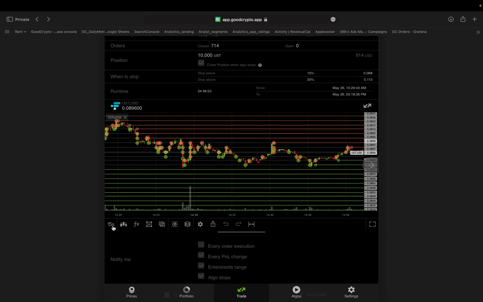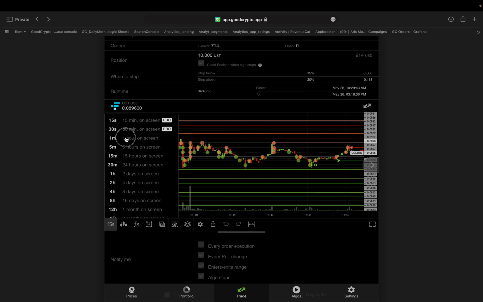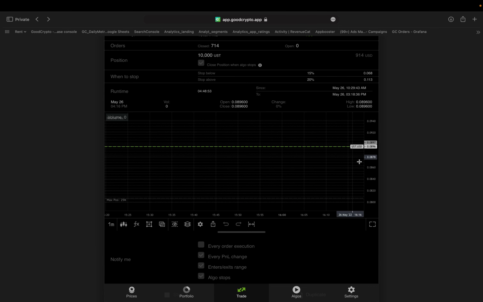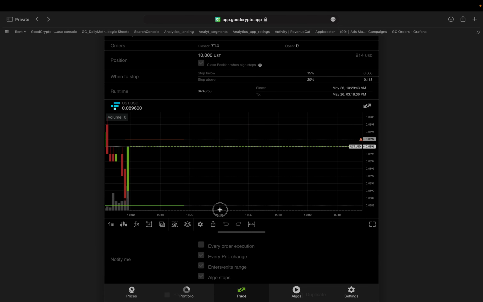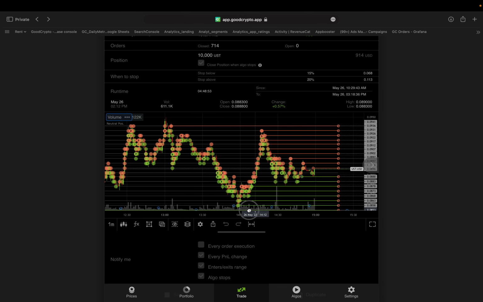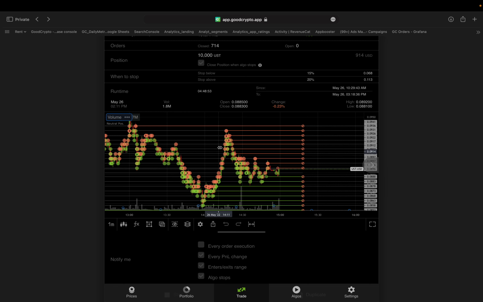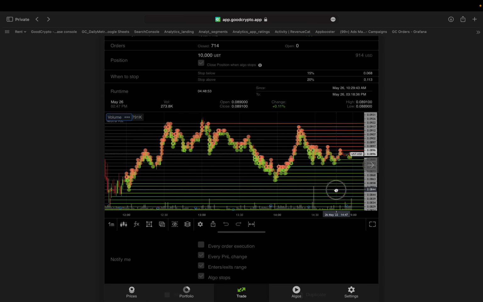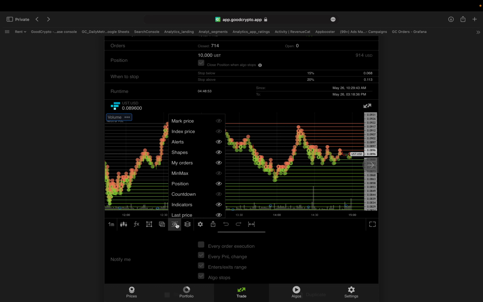Let's double check and see how it looked at the 1 minute candles. Okay, once again we have to go way back. Yes, you can see that on 1 minute candles, it looked like it would have been making 1 or 2 trades each minute. And now we're looking at the actual trades, but maybe I can turn them off.